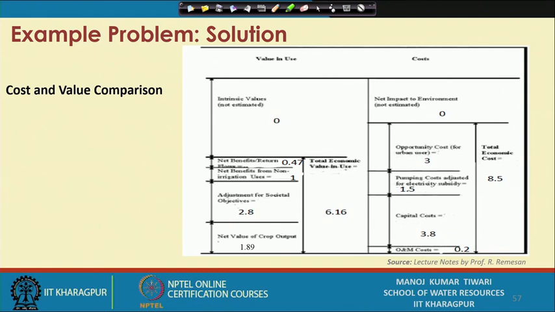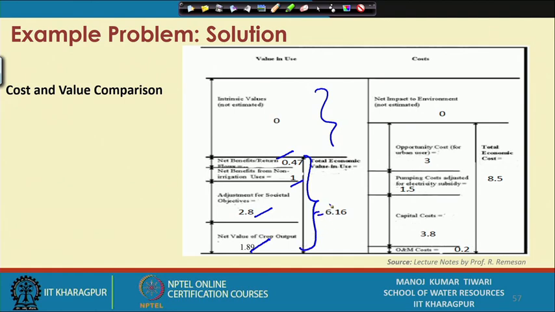If you see the total economic value as we were discussing earlier, we have estimated 1.89 from the crop output, then the adjustment for social objective is 2.8, non-irrigation usage is 1 and the net benefit from return flow is 0.47. This value is unknown to us, and this makes the total economic value 6.16.